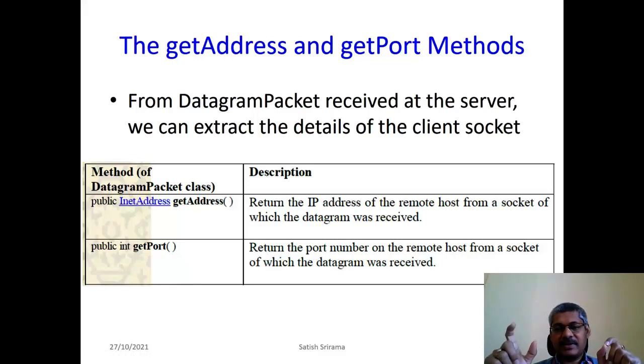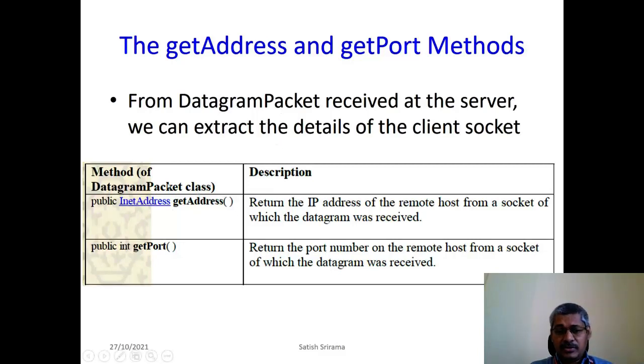That's actually interesting. You can also get the port number of this client. Using this address and port number you can send a response back to the client, so that the server can send a response back for you.